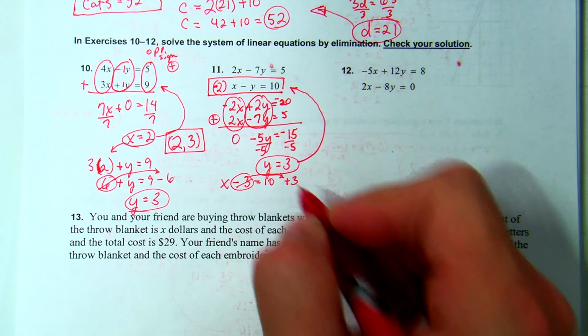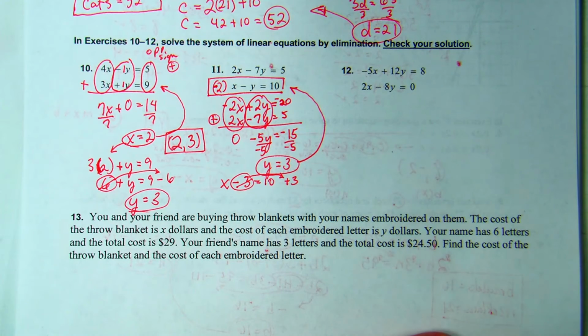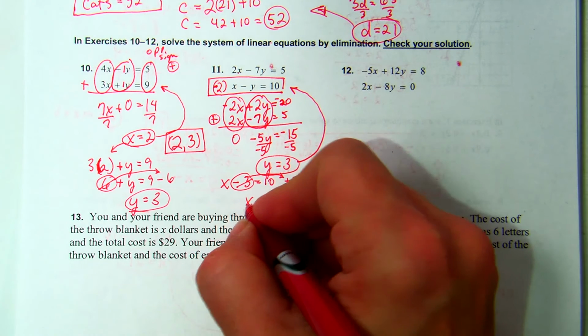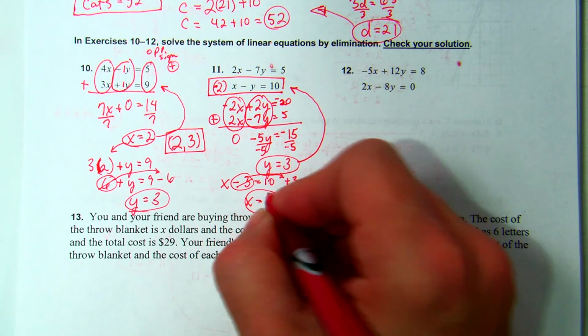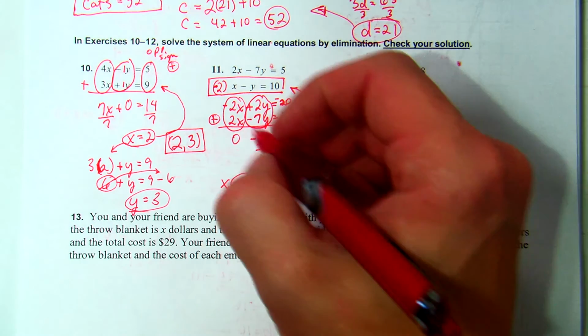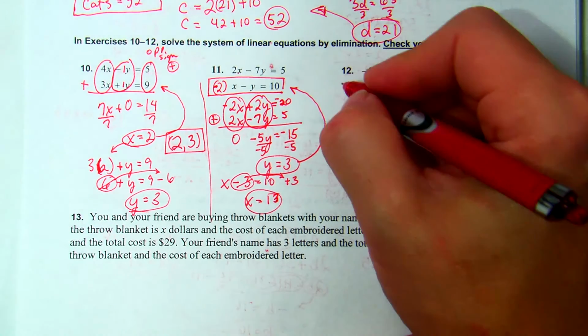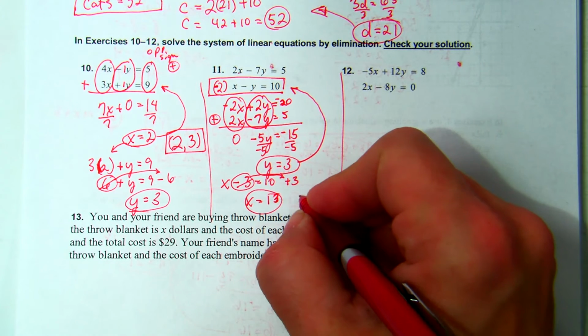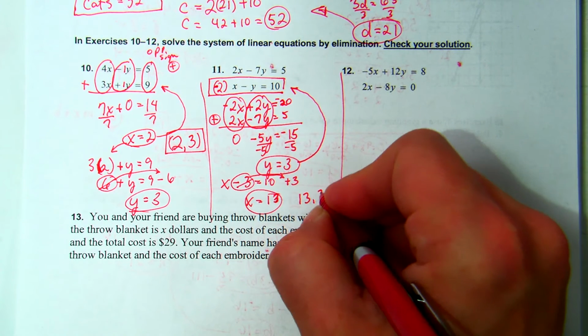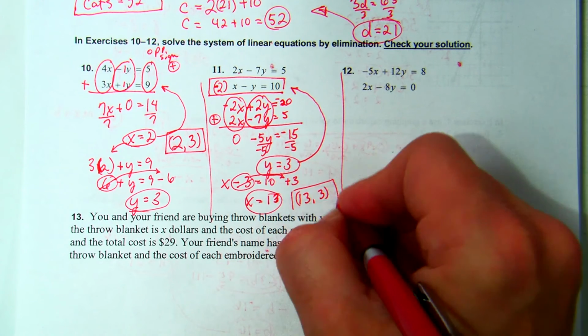That means I'm going to add it to both sides. When I move it to the right, you've got a negative 3, so I'm just going to add 3 to both sides. So x is going to equal 10 plus 3, which is 13. So the solution to this system of linear equations is going to be 13, 3.